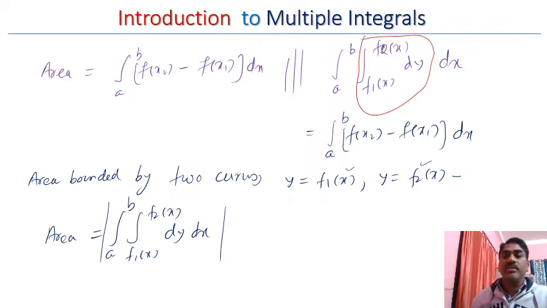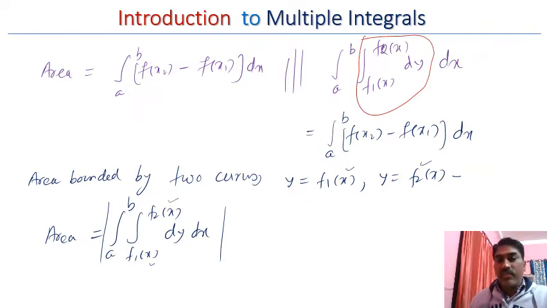In general practice, when you are doing some question, you know f1 and f2, so you know which one is higher, which one gives greater value and which one gives lower value. So the function with lower value is kept at the lower limit and the function with higher value is kept at the higher limit.